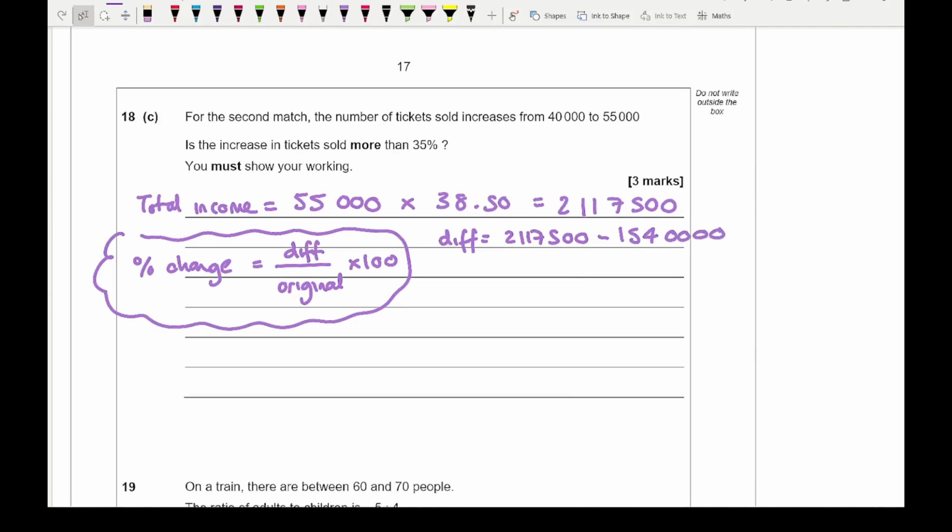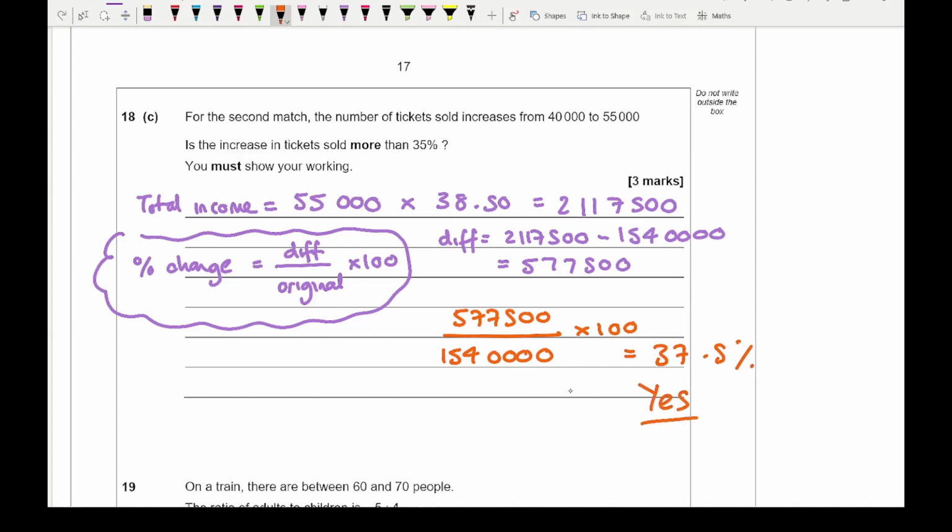If I just work that out, that gives me a difference of 577500. Then using the formula, I get 577500 divided by the original amount, which is 1540000, multiplied by 100. Let me type that into my calculator, and I get an answer of 37.5%. So is the increase in sales more than 35%?